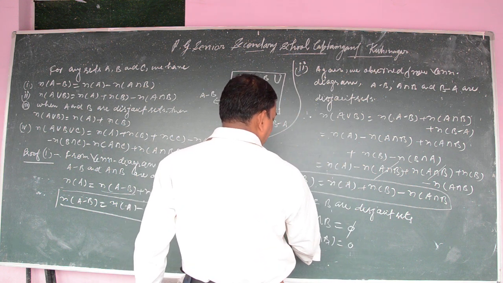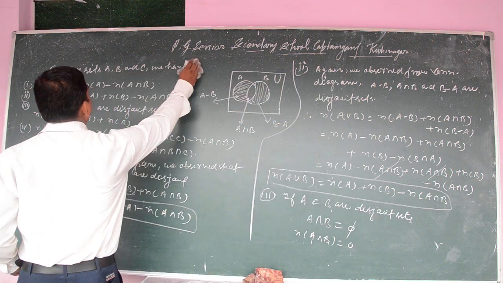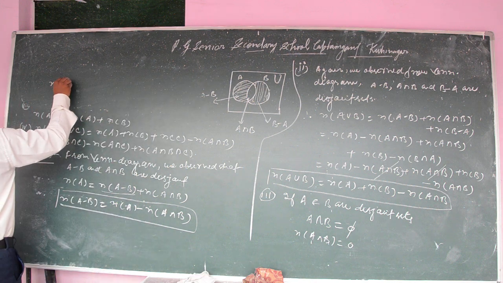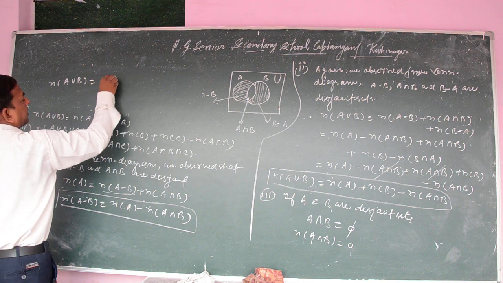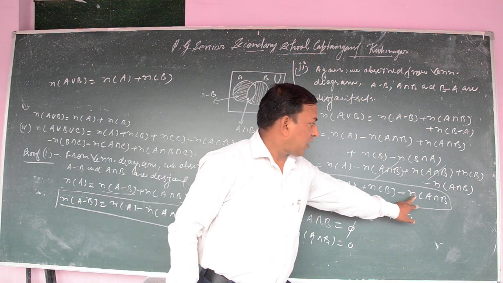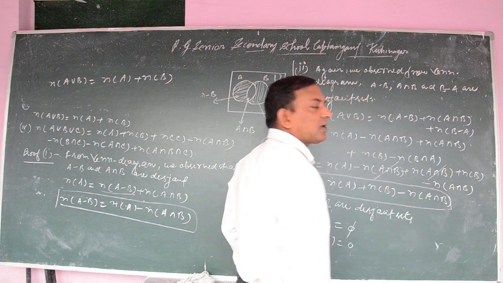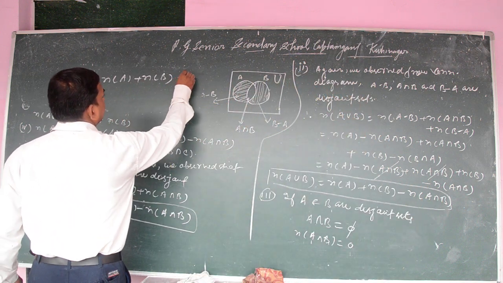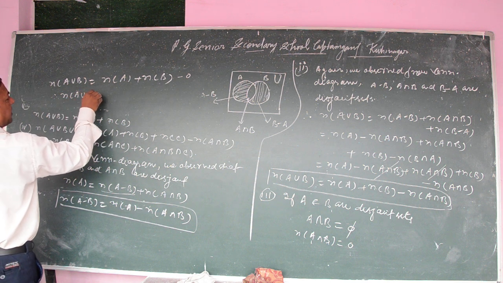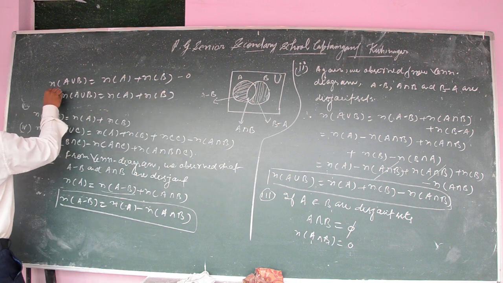Using cardinal number of A intersection B equal to 0 in the second formula, we obtain cardinal number of A union B equals cardinal number of A plus cardinal number of B, minus 0, because A and B are disjoint sets. So cardinal number of A union B equals cardinal number of A plus cardinal number of B. This is the third formula.